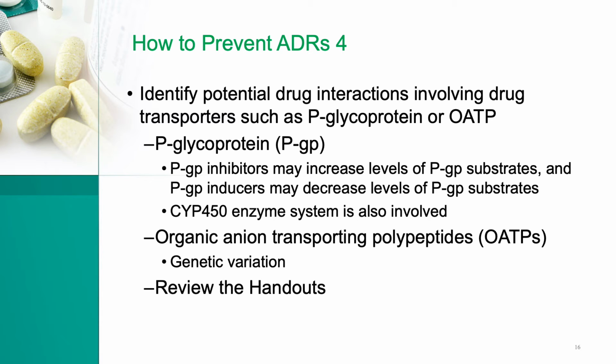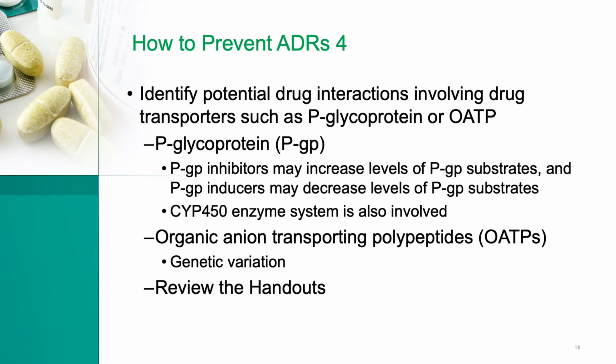There are two main families of drug transporters. One is comprised of P-glycoprotein. P-glycoprotein is found in the gut, liver, kidney, blood-brain barrier, and cancer cells. It pumps drugs out of cells and into the gut, bile, and/or urine for excretion.